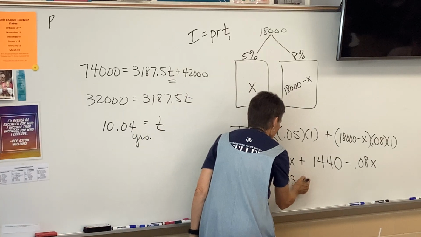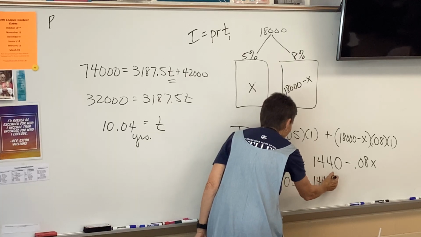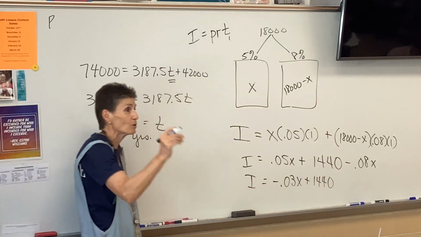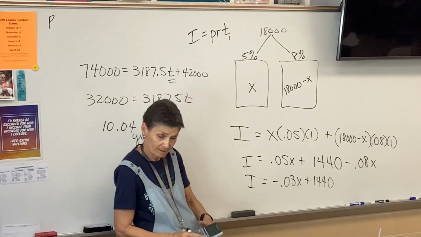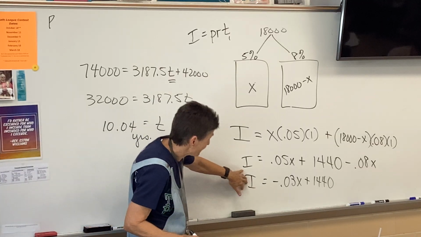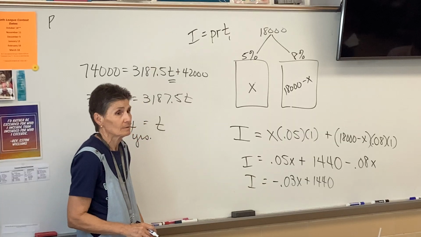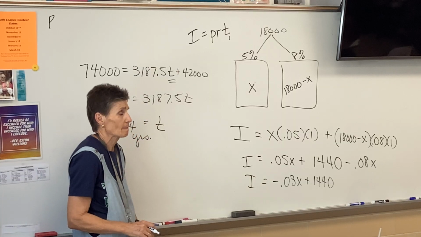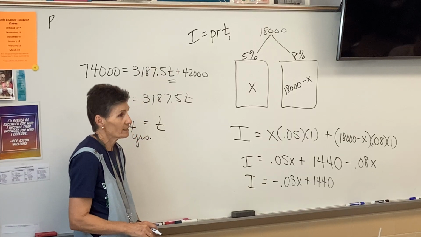Negative 0.03x plus 1440 is what I got. Please don't just blindly copy down. I know you're hot, I know you're hungry. Come on, get focus. Anybody match that? Did I do that right?